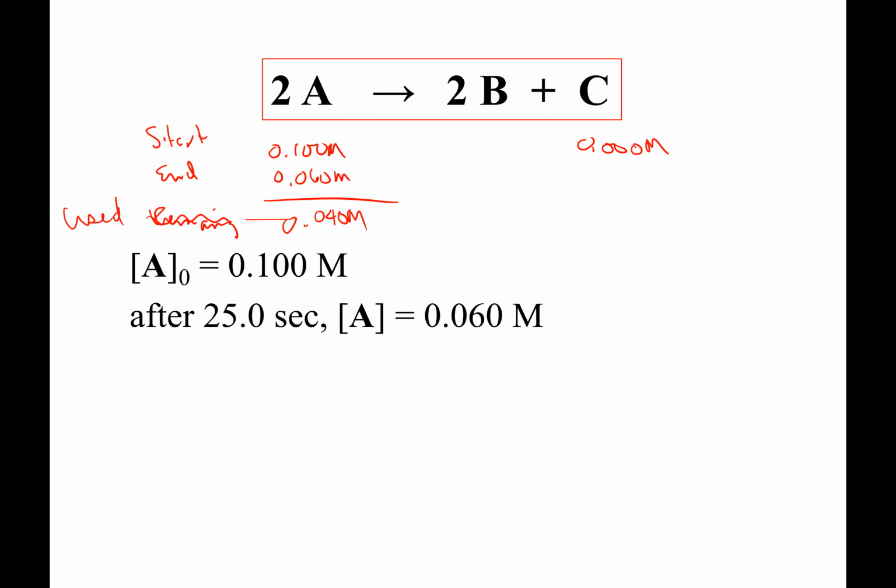Does this make sense that the amount used or converted, I can use stoichiometry to come up with the moles that were formed?